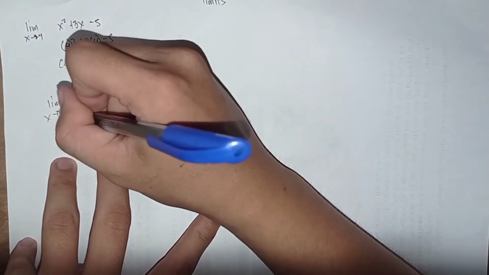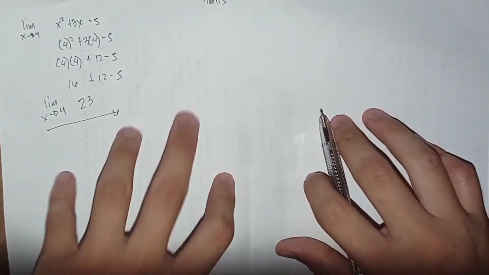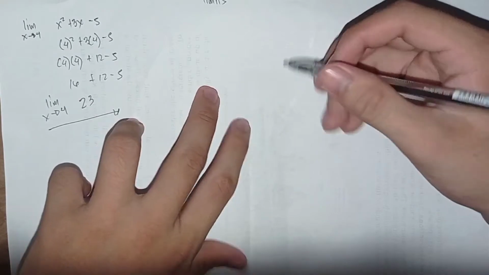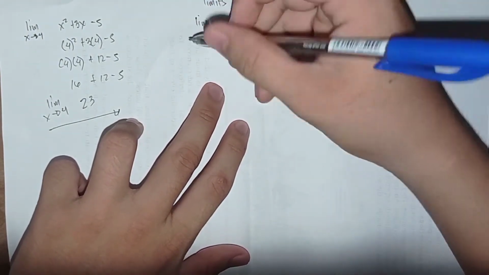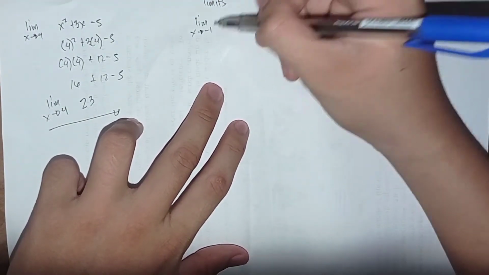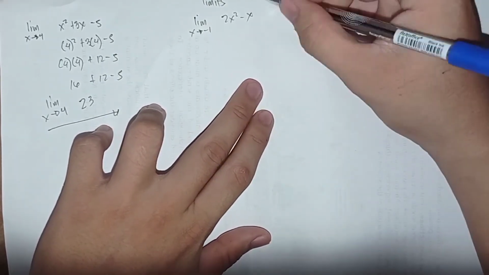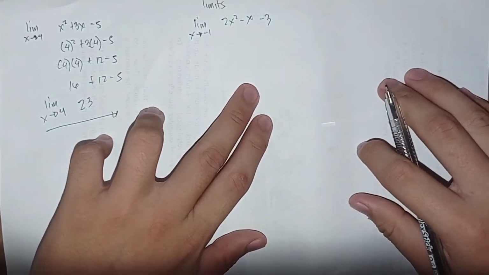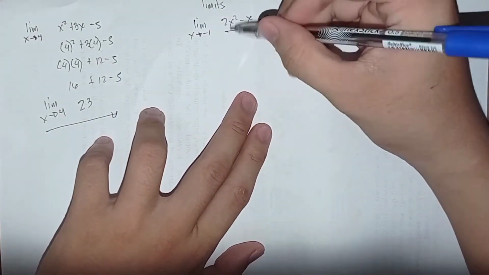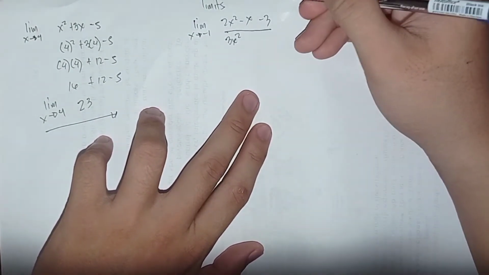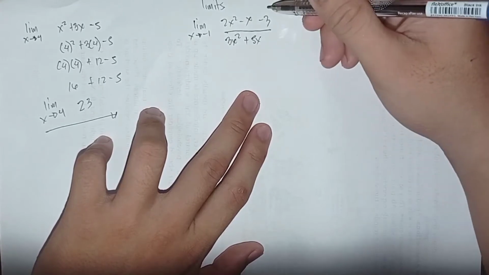Number 2. The limit as x approaches negative 1 of 2x squared minus x minus 3 over 3x squared plus 5x plus 2.